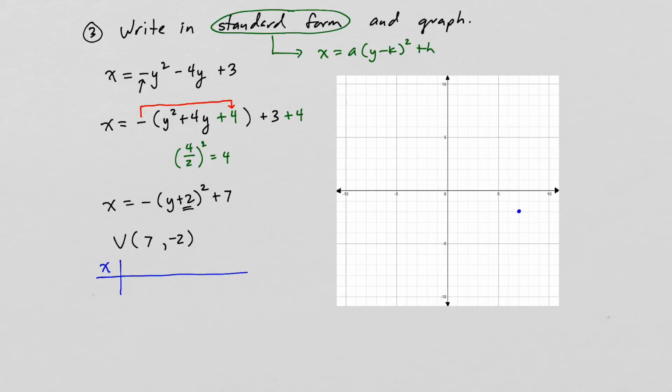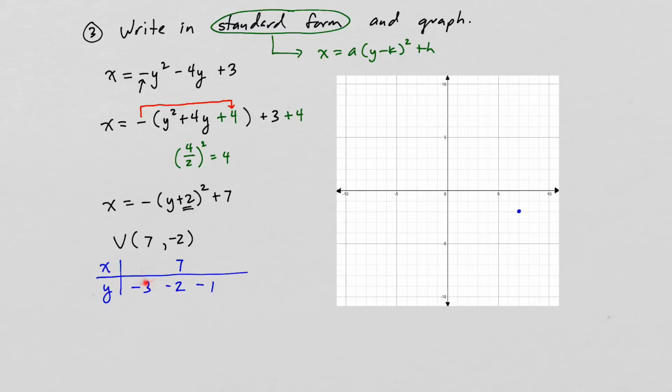Again, we know x equals 7, y equals negative 2. Once again, to get points for this one, it's easier to pick a y value to tell you what x is, which is backwards from what we usually do, but it's easier in this case. So I'm going to pick y equals negative 3 and y equals negative 1.